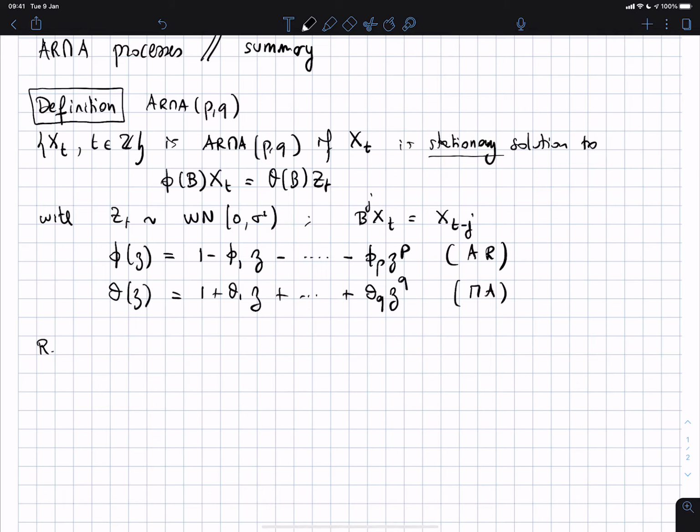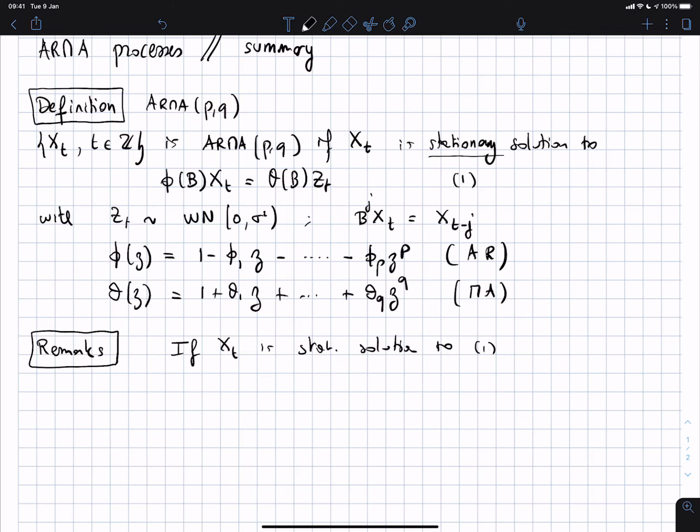Maybe one computation I did a bit fast, I want to do it again. It's the first one that said that if X_t is a stationary solution to equation 1. Are you okay for reading what I'm writing? My writing is awful, but I guess you get used to it.